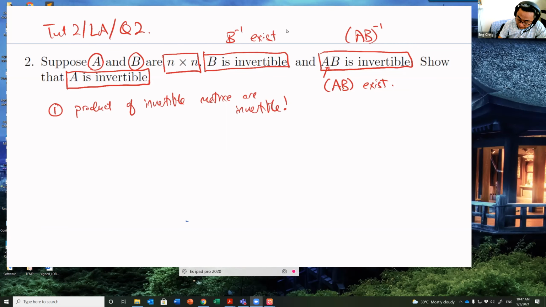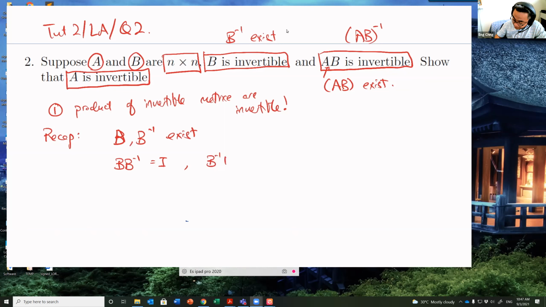All right, now let's recap. When we have said that B and B minus 1 exist, the relationship between B and B minus 1 is this. B multiplied by B minus 1 equals I. That is post-multiply. We also need pre-multiply.